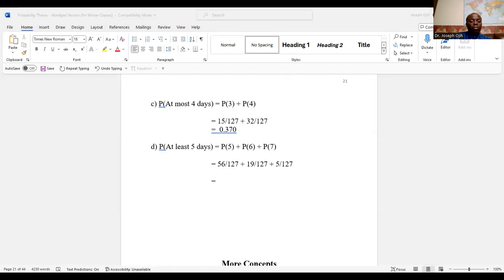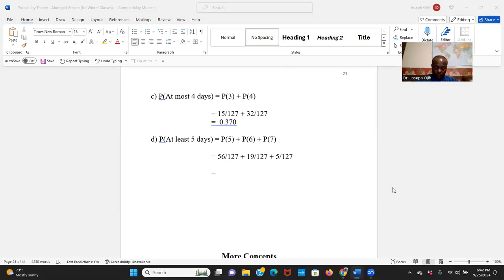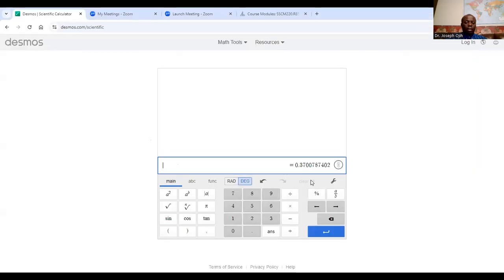So let's figure this out. I'll take you to the calculator so we can use it. Here we have 56 by 127, plus 19 over 127, plus 5 over 127.